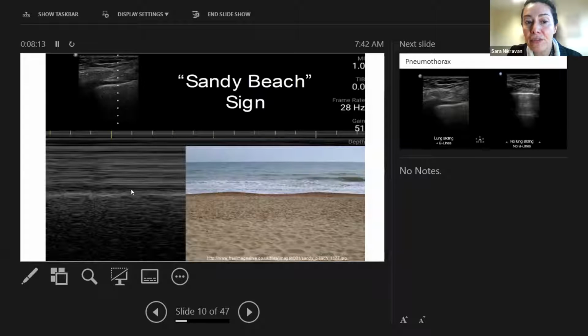But where the visceral and parietal pleura are rubbing against each other, you get this motion-like artifact that creates a smudging appearance and makes it look like a sandy beach. So we call this the sandy beach sign. You're standing on the sand and looking at the water here. This is a normal finding, and it supports your understanding that there is lung sliding.